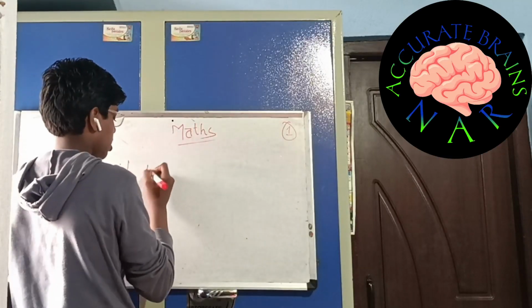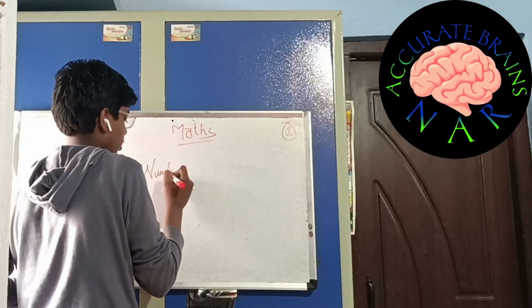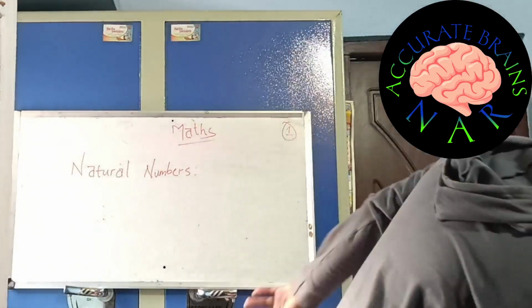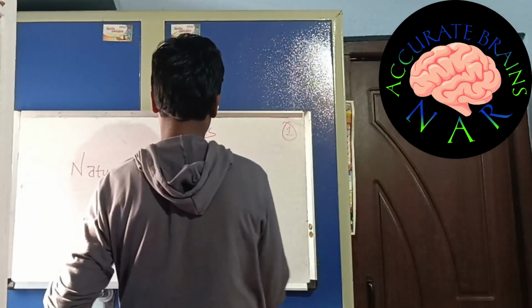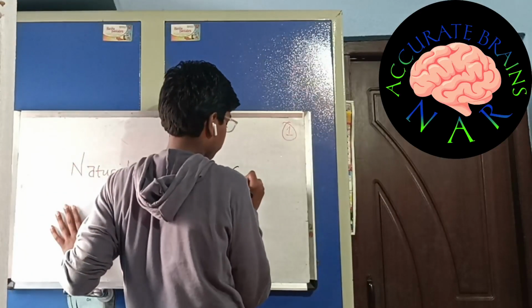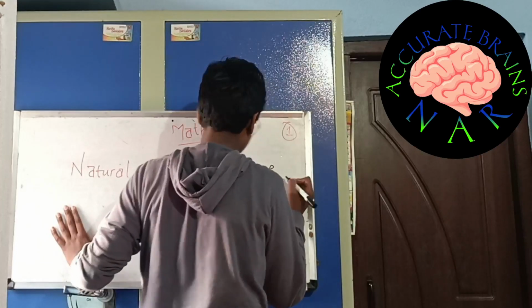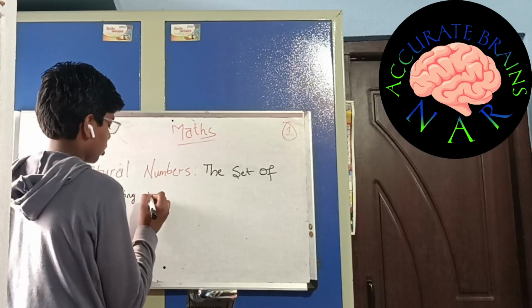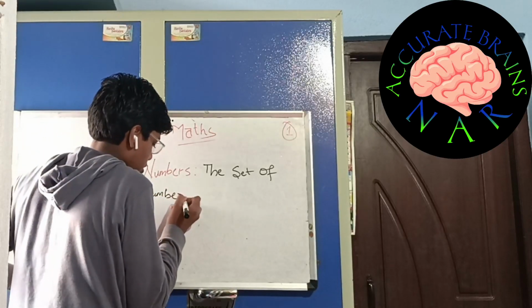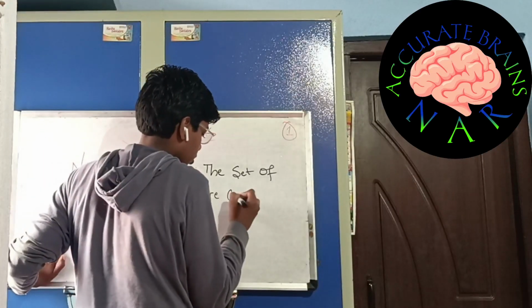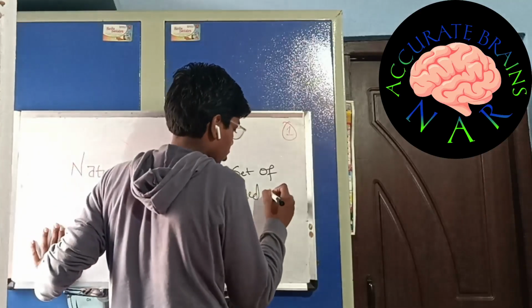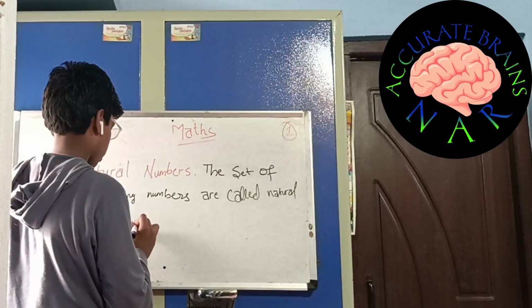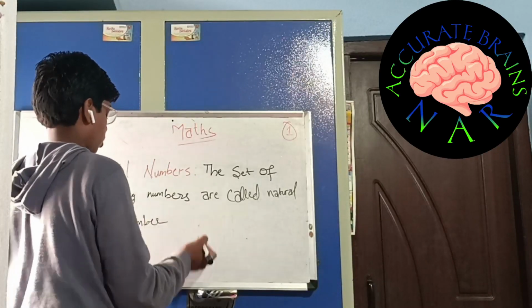So natural numbers: the set of counting numbers are called natural numbers. So what are the counting numbers?